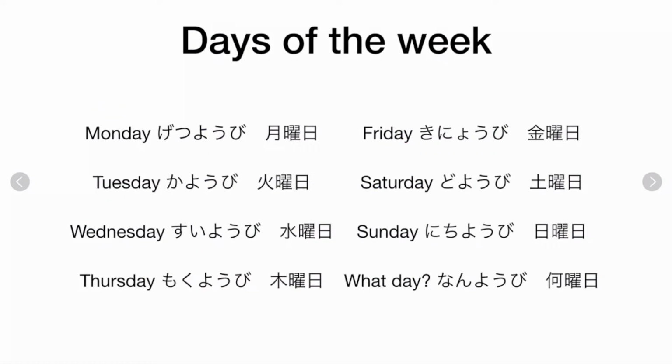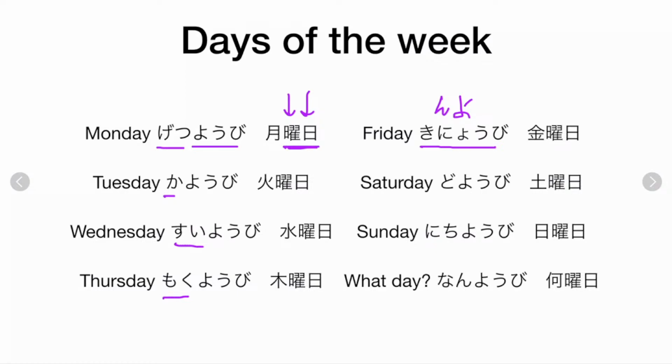Okay, so the days of the week. All days of the week are going to have yobi at the end, which in kanji is this combination. Yobi, which is weekday, basically. And then the days are getsuyobi, kayobi, suiyobi, mokuyobi, kinyobi. I've typoed this, it's kin and then yobi.